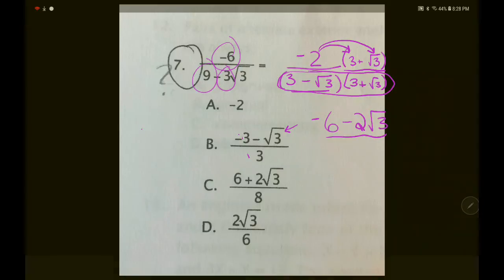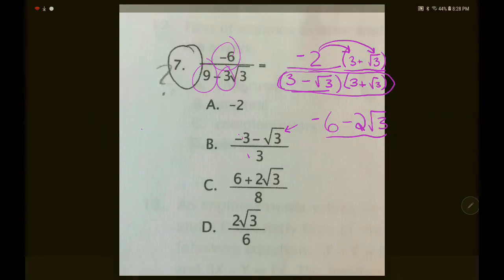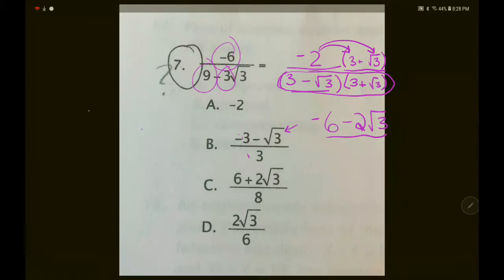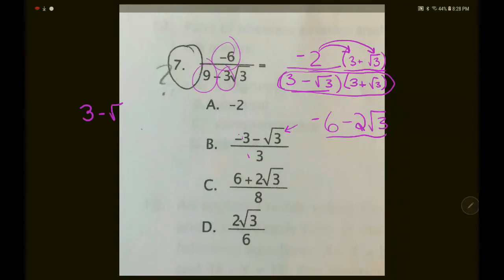Now, I don't know if they've taught you in your course how to multiply two things together that each have 2 terms. And we call a method to do that foiling. Do the first, the outside, the inside, the last. And I'm going to write this over here on the left as a way to demonstrate that. 3 minus square root of 3 times 3 plus square root of 3.